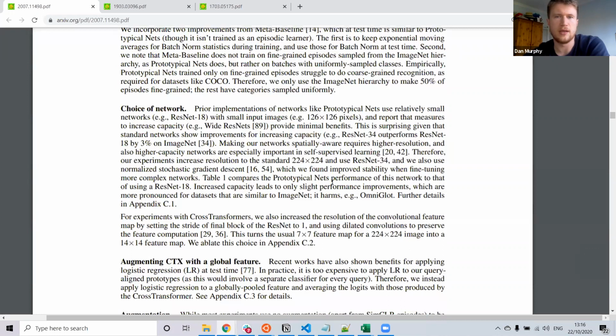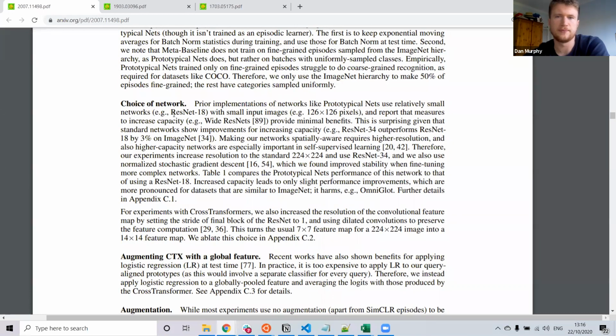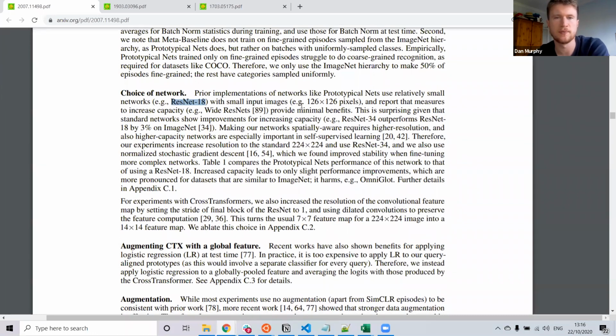Okay, here we go. I knew it was in there somewhere. So the prototypical nets that they've looked at in the past are relatively small. And so they talk about that not sort of lending itself to their solution very well. They need to have a lot of spatial information.